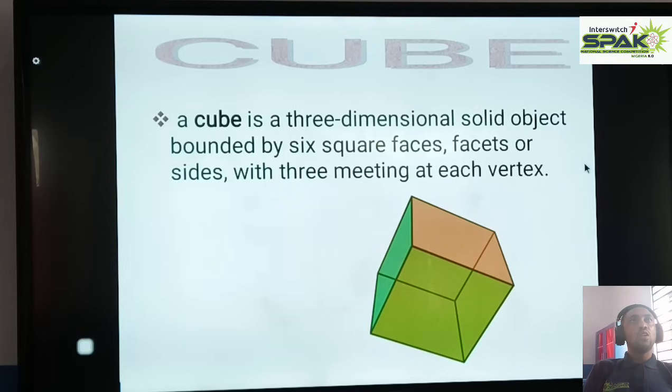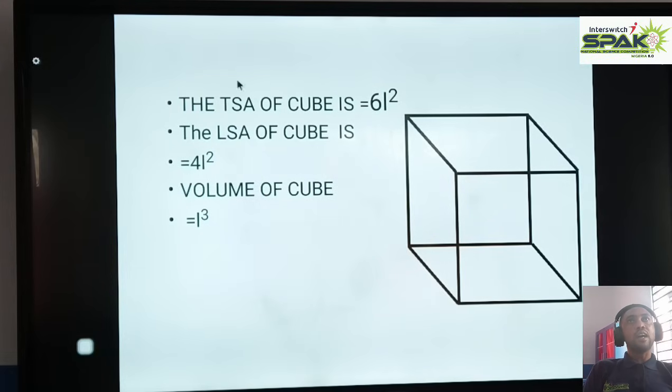So to find the total surface area of a cube, you can see that the face of a cube is a square, and the area of a square is L square. Since a cube has 6 faces, the total surface area will be 6 times one face.